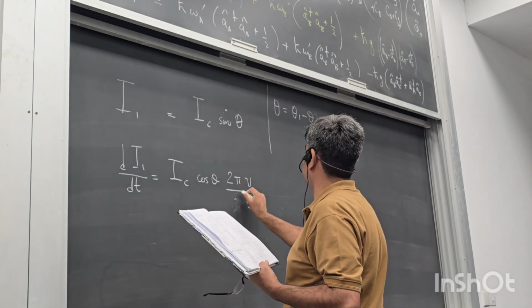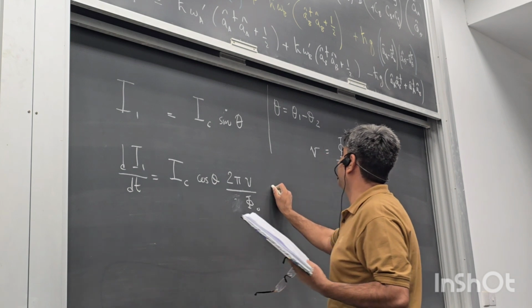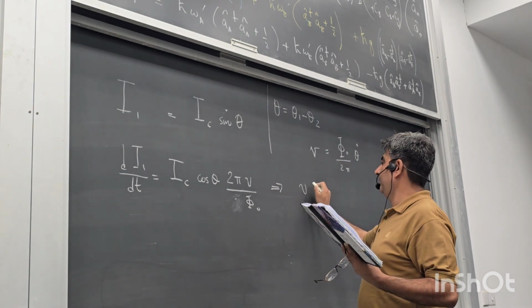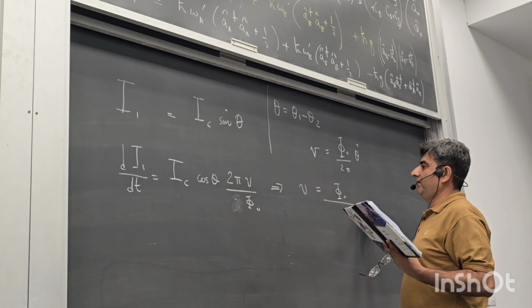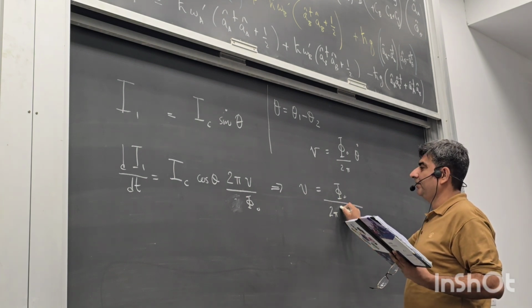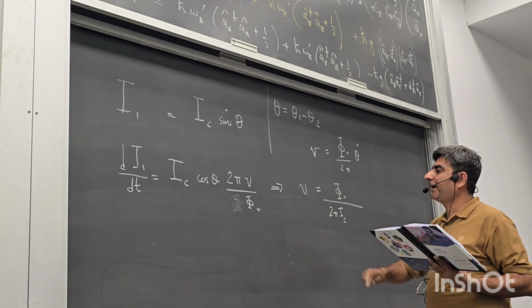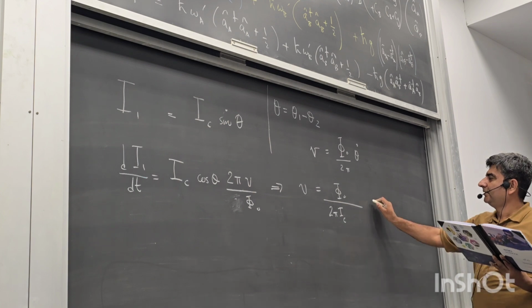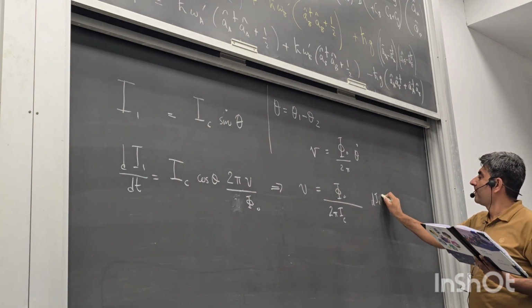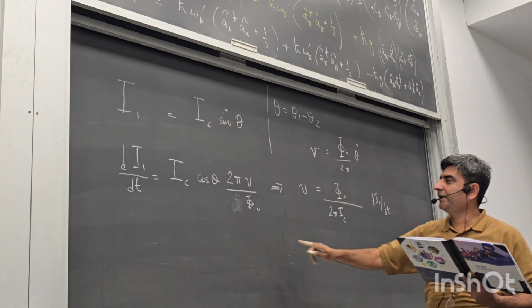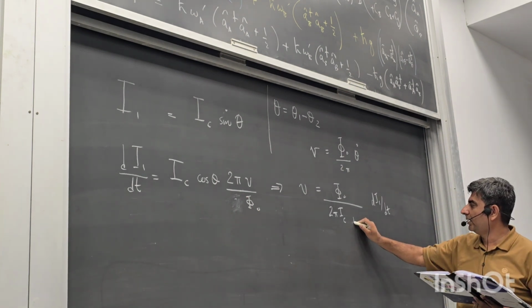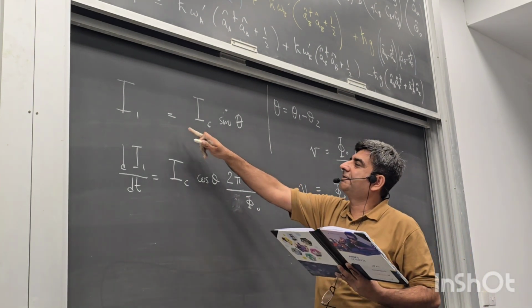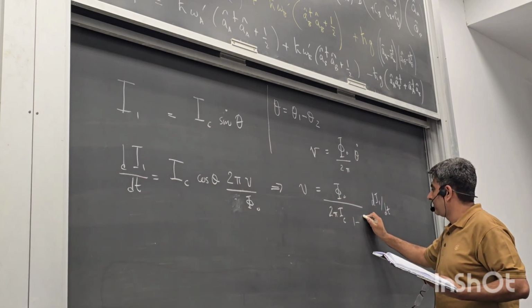Okay. Alright. So this means that my voltage is phi naught over 2 pi Ic. Let me write cosine theta. This cosine theta, let me write this as square root of 1 minus sine squared theta. But my sine theta is I1 over Ic.